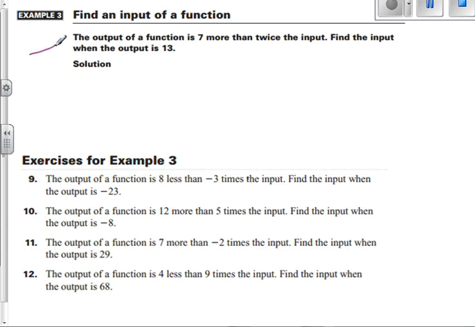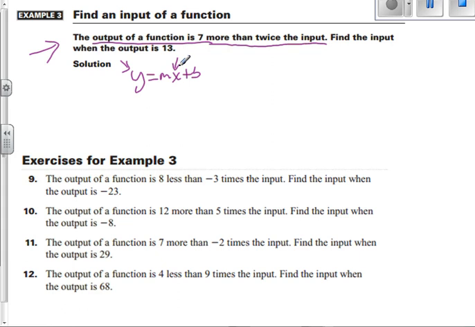All right, so let's look at this. We're finding an input of a function. It says the output of a function is 7 more than twice the input. So if I know that y is equal to mx plus b, I know that y is my output, that's my range, and x is my input, that's my domain.